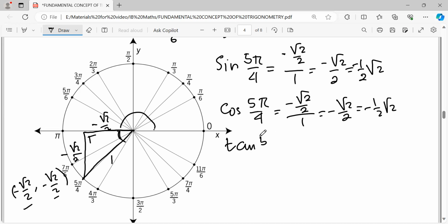Tangent 5 pi over 4, this number over this number equals 1. Cotangent as well, 1.